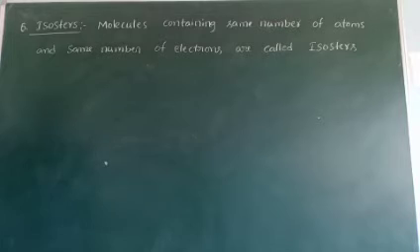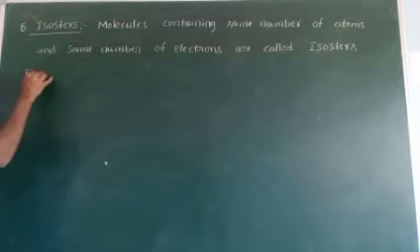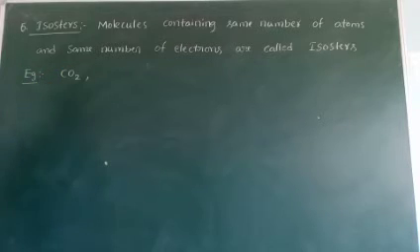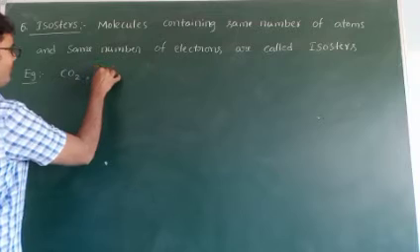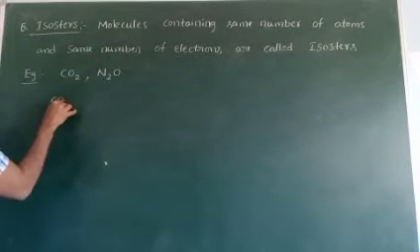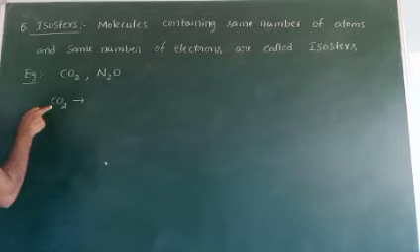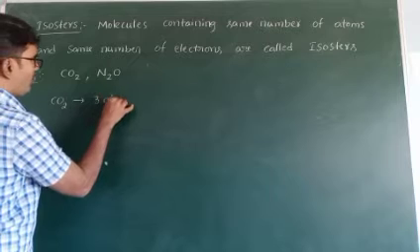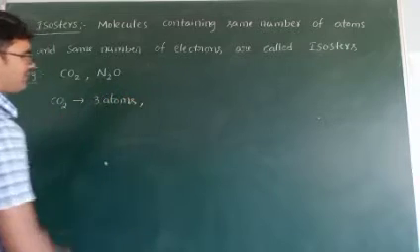Okay. So an example for this one: CO2 and N2O. In CO2, how many atoms are there? 1 carbon, 2 oxygens. Total 3 atoms present in the CO2.